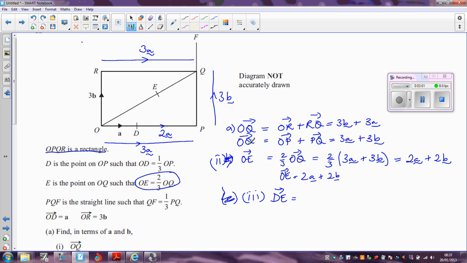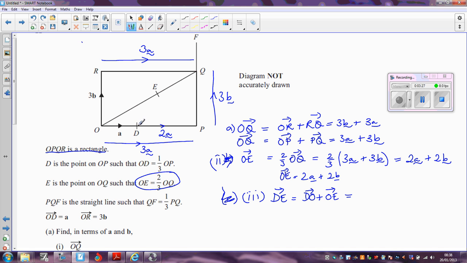So I've already found OQ, and I've found OE, and it looks as though OE is going to be quite useful, because to find DE, which takes me from here to here, if I go from D to O and then OE, I can use the OE that I've just found. So I'm going to do DE by going first of all from D to O, so the vector DO, followed by the vector OE, which I've just found.